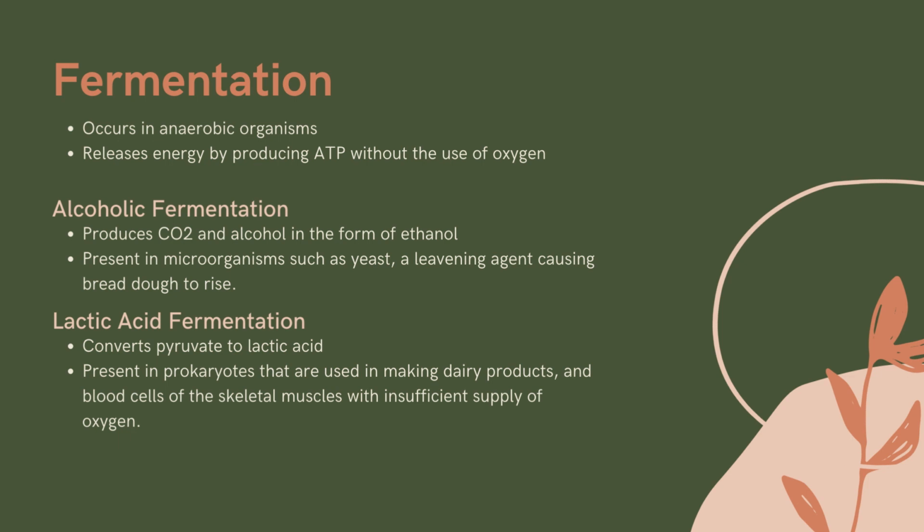So after glycolysis, anaerobic organisms, usually prokaryotic organisms, undergo fermentation to produce ATP without the use of oxygen. We have two types of fermentation: alcoholic fermentation and lactic acid fermentation.